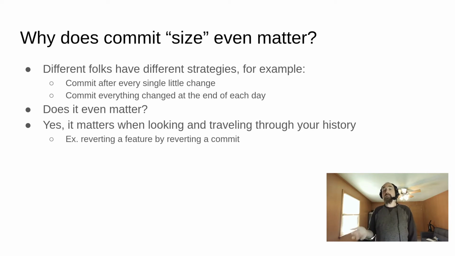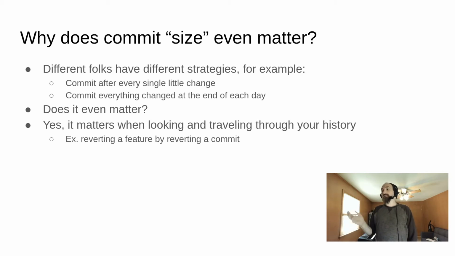But because you're using a version control system, you have another option, which is actually reverting the commit that added that feature. Now, if you're committing after every single little change, going back to revert a feature is going to be very difficult because you're going to have like 20 commits that you need to revert, and you're going to need to find which ones to revert and in what right order, and it's a mess.